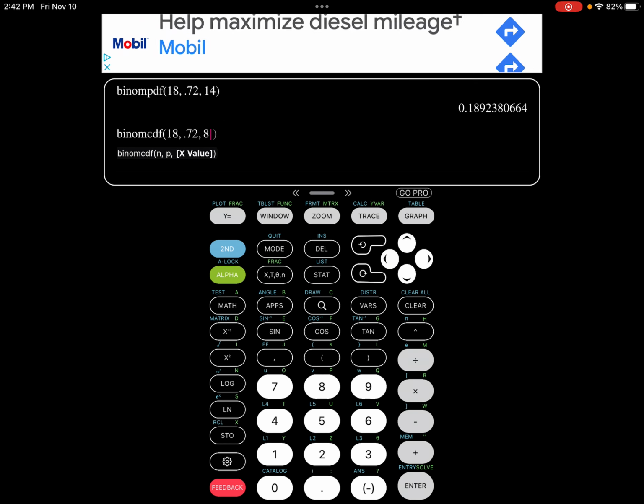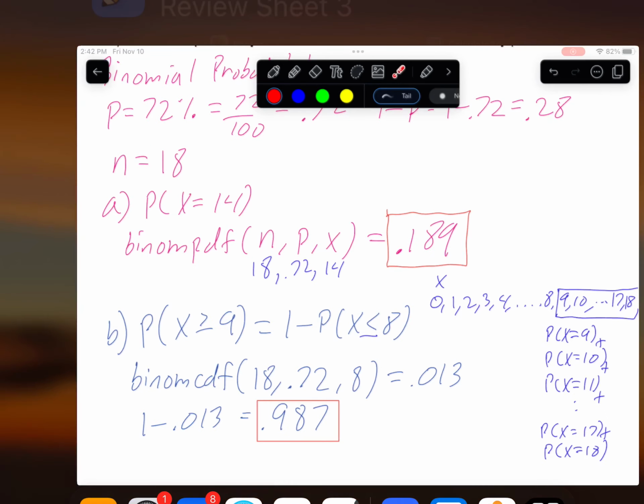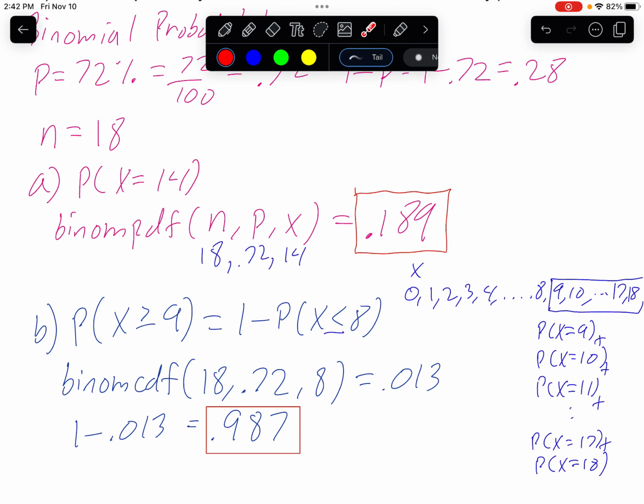We're going to input 8, which again, because this is now binomial CDF, the 8 means something different. And this says a 0.013% chance. Again, that is all of the values of x from 0 to 8 added together. The probability x is 0, all the way up to probability x is equal to 8, added together to get this number. So 1 minus 0.013 is 0.987.